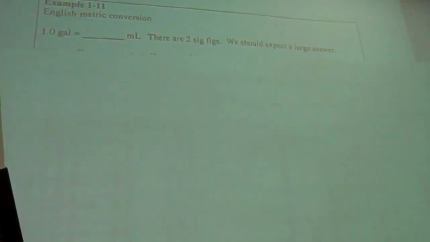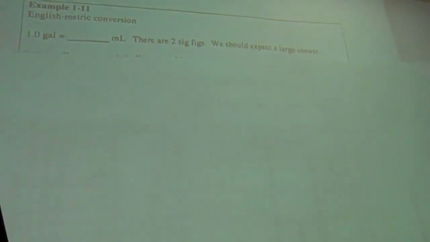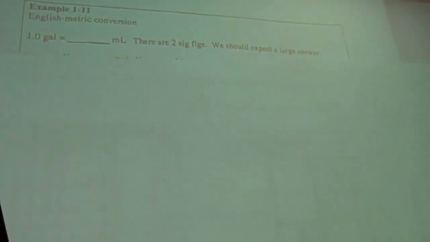We just bought a gallon of milk. And I want to know that in milliliters. So let's think about what we're up against. We're in the English system, gallons, and we want to move into the metric system. Okay, now, let's see what we can do with this.